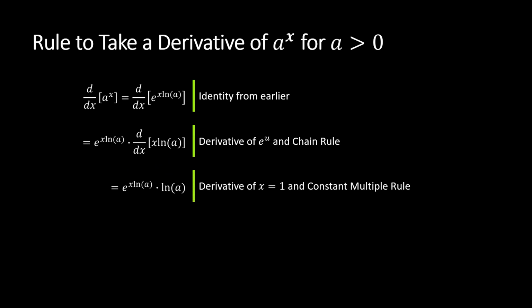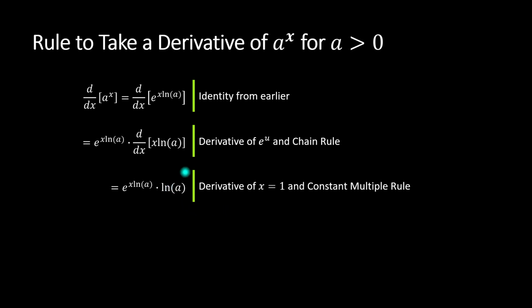But that chain rule is pretty straightforward because, again, beating a dead horse here, natural log of a is a number. It's not a variable. So this is really something like 3x, meaning that the derivative is just pulling out that constant multiple, natural log of a, and then taking the derivative of x, which is just 1, meaning that I have 1 times natural log of a, or just natural log of a.